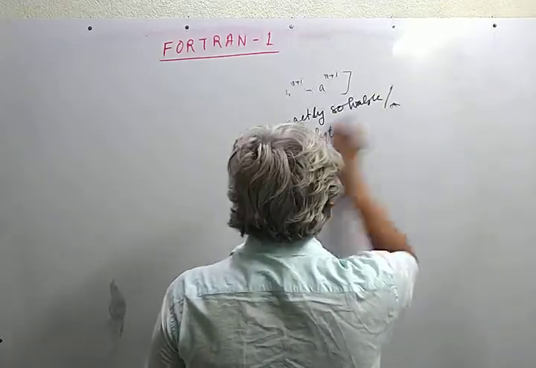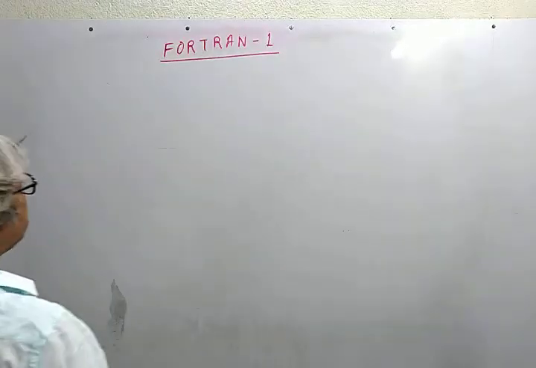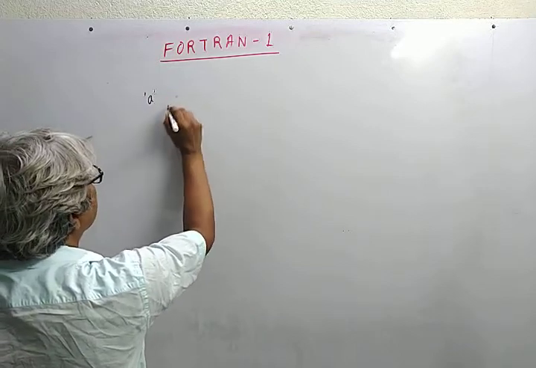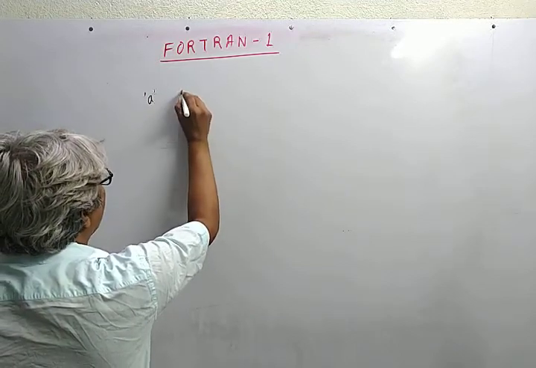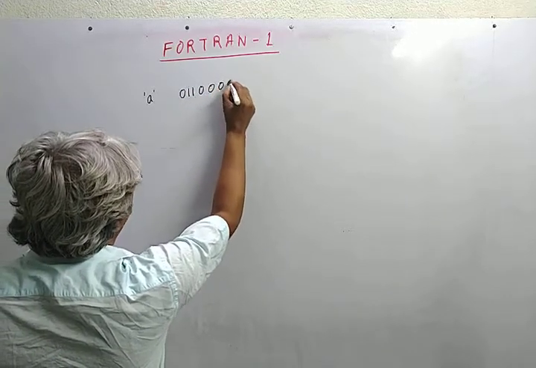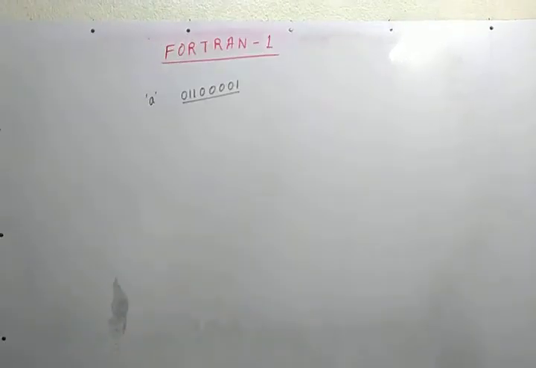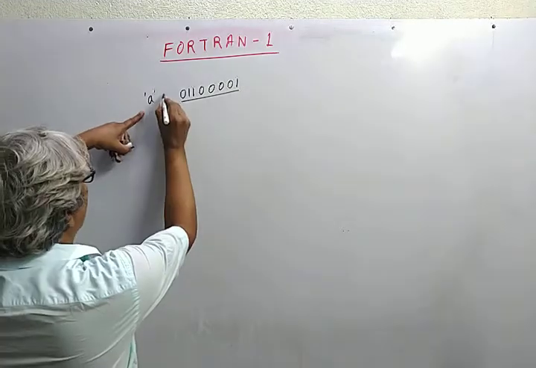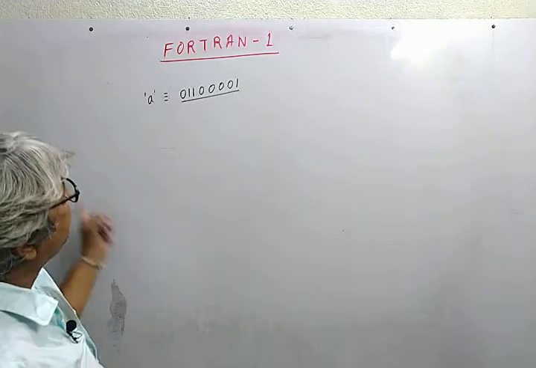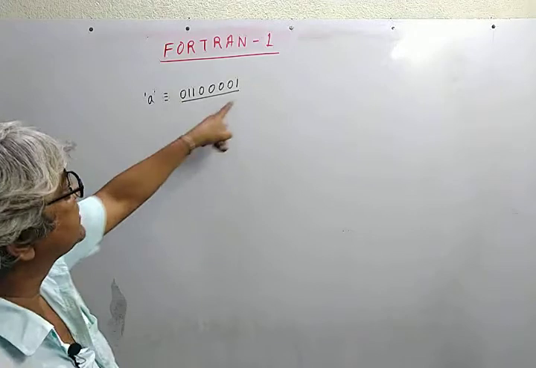As per present day practice, a number or character, say a, is represented by a combination of eight 0s and 1s. Whenever we write a from the keyboard, actually when the information is given to the machine, a is equivalent to this.